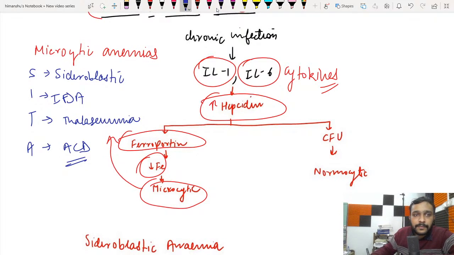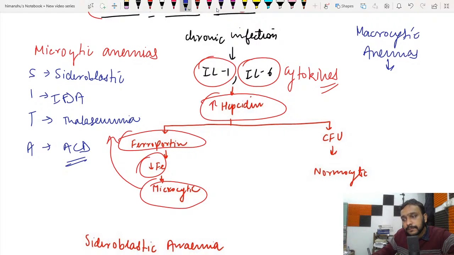Okay, so what is the mnemonic for macrocytic anemia? For macrocytic anemias, the mnemonic is LHMC.